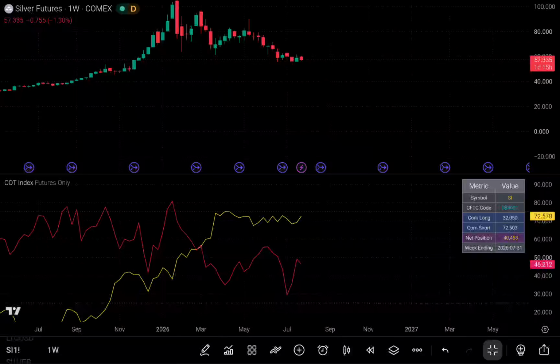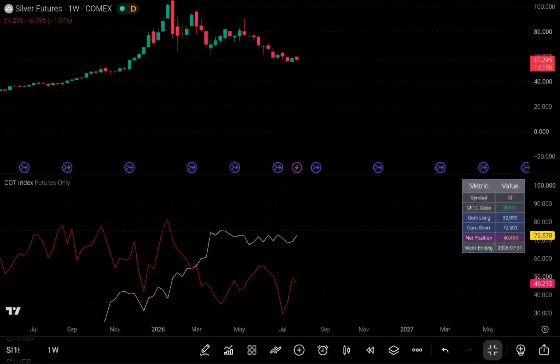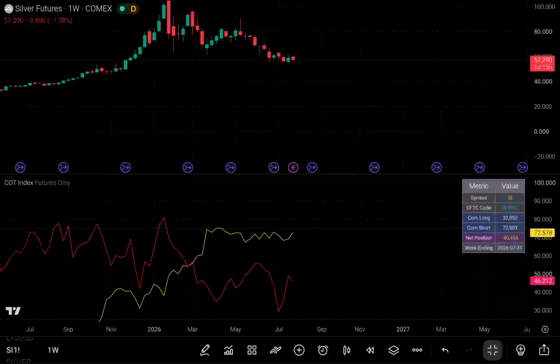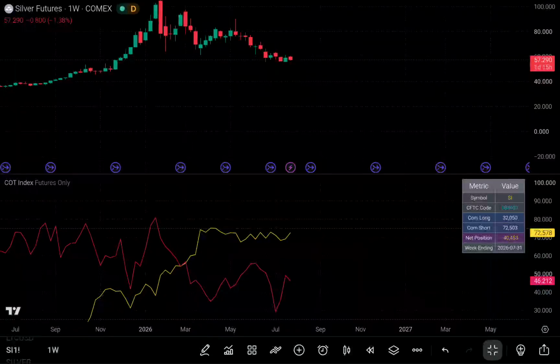So there's a thing: if it goes up to 75%, it literally means the market is confident enough to buy. If it goes below 25%, it says, all right, the market's panicking, they just don't want to buy, they just want to sell. So right now it is kind of interesting because commercials are confident enough to start buying.